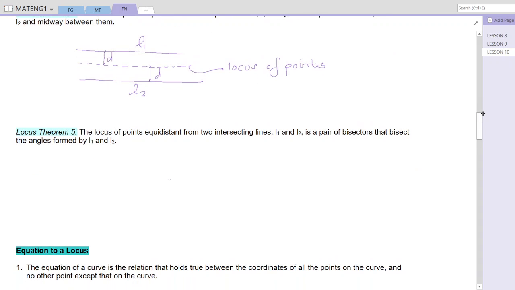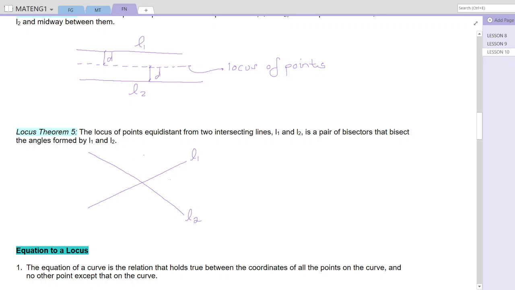And for the last theorem, the locus of points equidistant from two intersecting lines, line 1 and line 2, or L sub 1 and L sub 2, is a pair of bisectors that bisect the angles formed by L1 and L2. So if we have here two intersecting lines, we denote this one as L1, and the other is L sub 2.